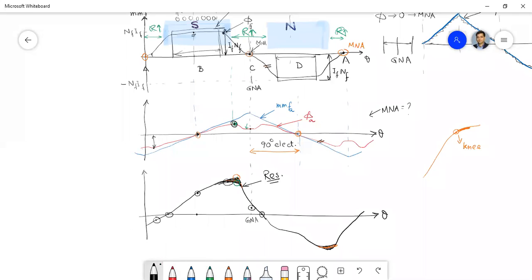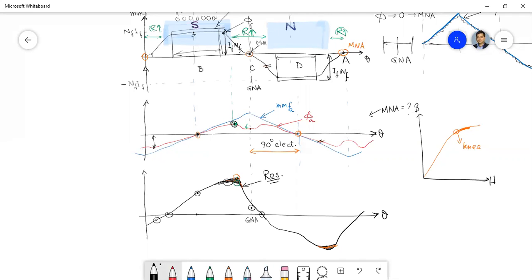The answer is this: you have a BH curve. Whatever magnetic material you have used, maybe silicon steel or anything else, has its own BH characteristics.